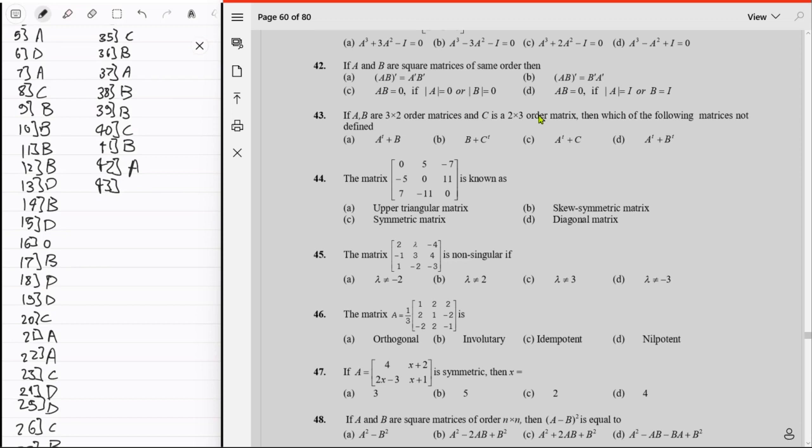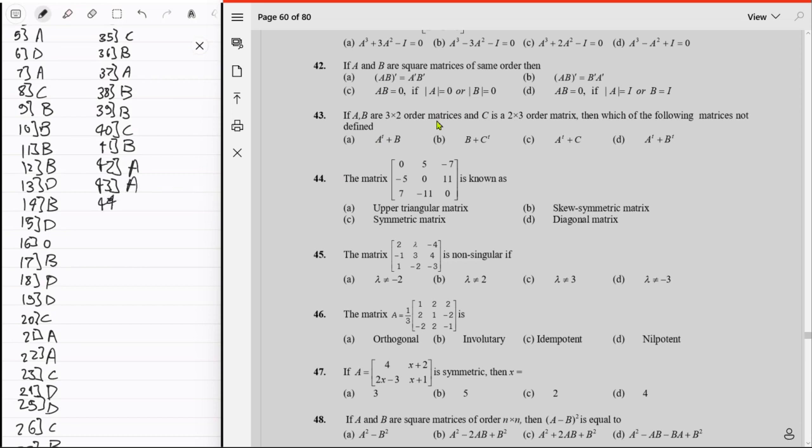C dash would just be 3 into 2 as well, so that addition actually works out. A dash plus B is just not defined. A dash plus B dash is defined. This is defined. This one, not really, because it's a 2 into 3 matrix plus a 3 into 2 matrix, which doesn't make sense. So A is not defined.